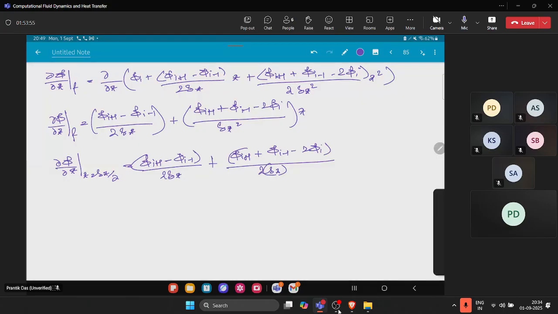And if I simplify, it will be (phi I plus 1 minus phi I) divided by delta x. So this order of accuracy is basically delta x square. Central difference. Okay. Is it clear to all of you?